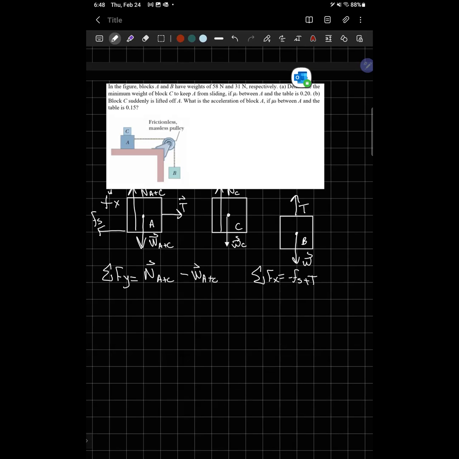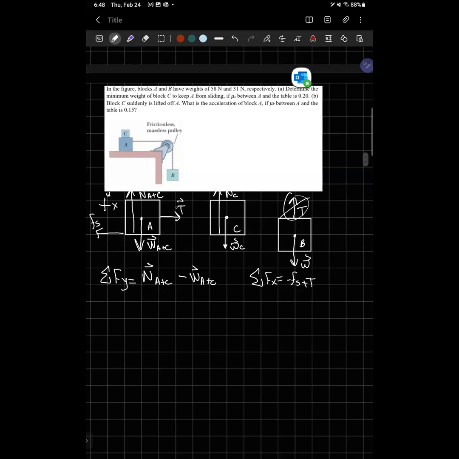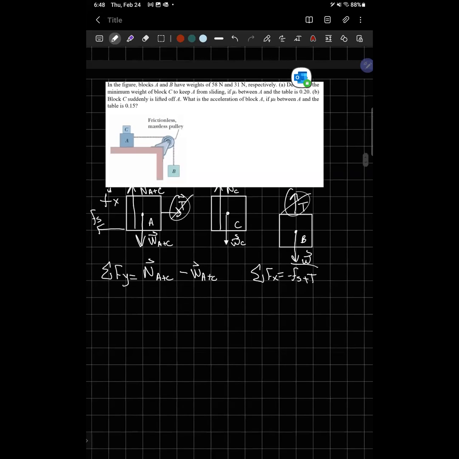So whenever you have a pulley and you have a block dangling down, what I like to do is essentially think of the rope as a Velcro and just ignore the rope. So these two tensions are going to cancel, but this weight is not. It's still going to be going downward, but with respect to A, it's just going to be pulling it rightward. So that's just going to be plus. So instead of this tension, I'm going to have a plus weight of B.